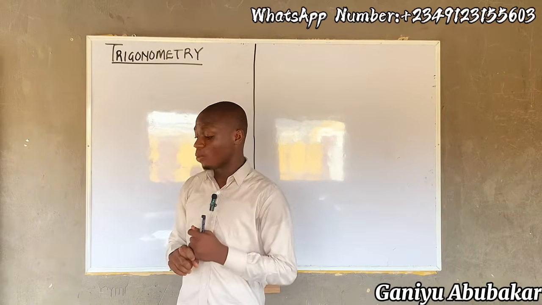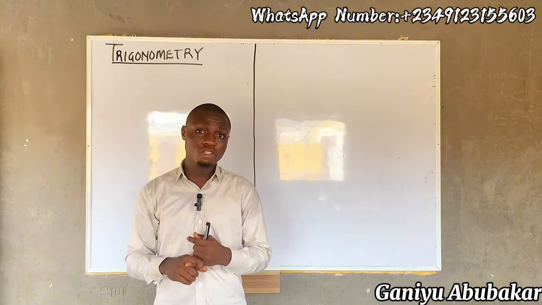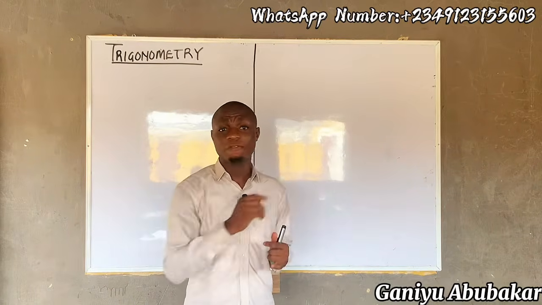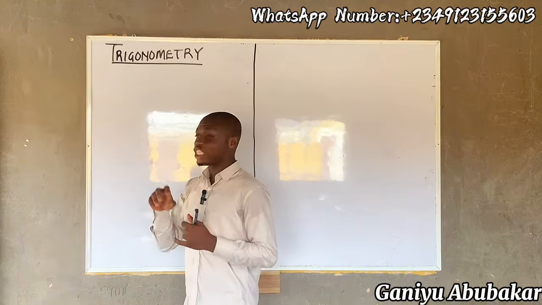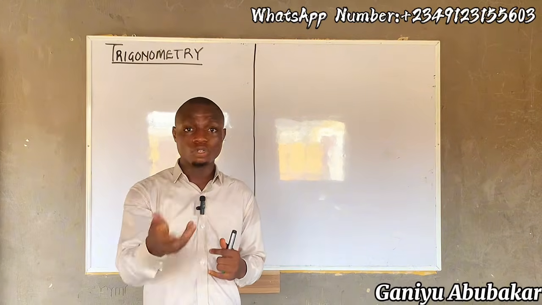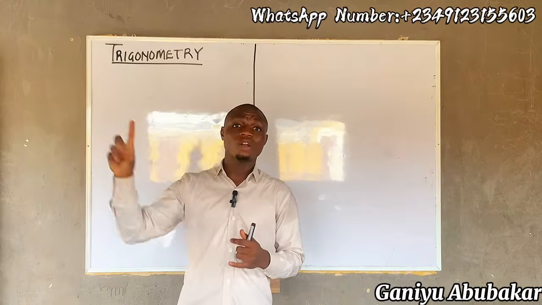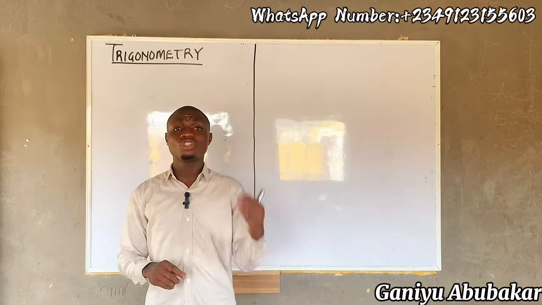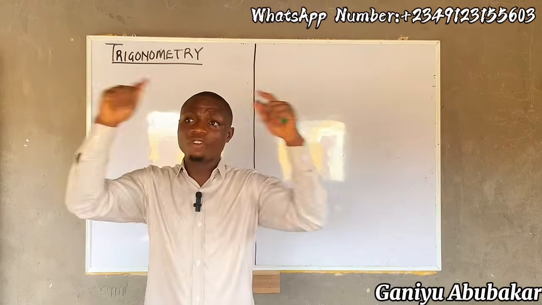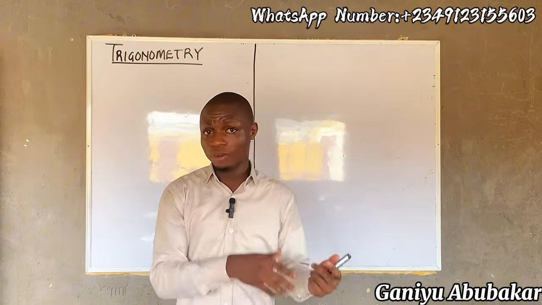Trig ratio. That's your definition for trigonometry. Aside from that definition, there's one key word we heard, which is known as what? Right angle. So when it comes to trigonometry, basically you are trying to revolve around a right angle triangle.